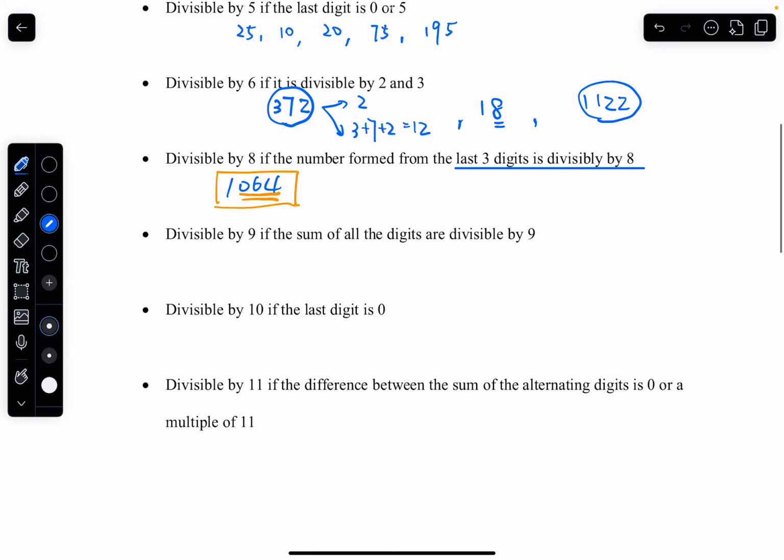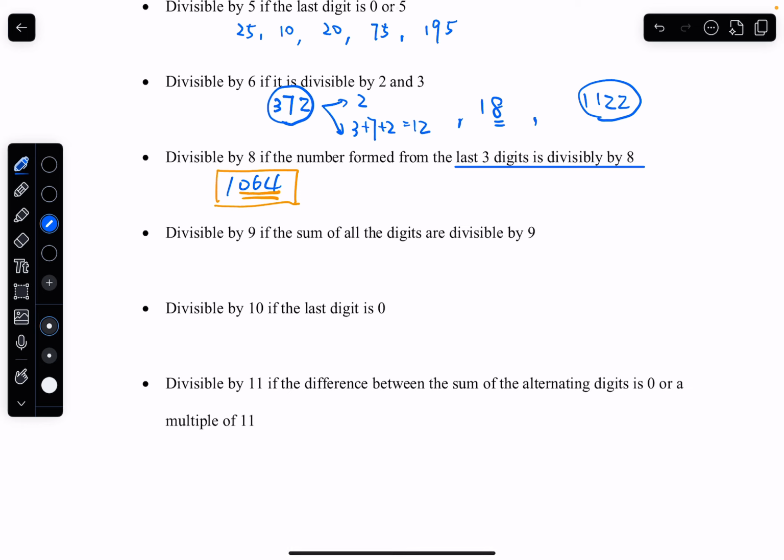Nine. Divisible by 9 if the sum of all the digits is divisible by 9. So 9 is very similar to 3. For example, 981. 9 plus 8 plus 1 is 18. 18 is divisible by 9, so 981 can be divisible by 9.